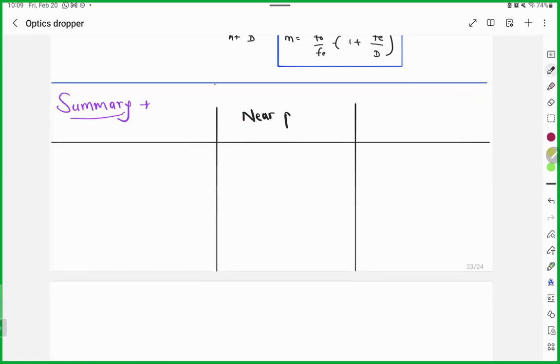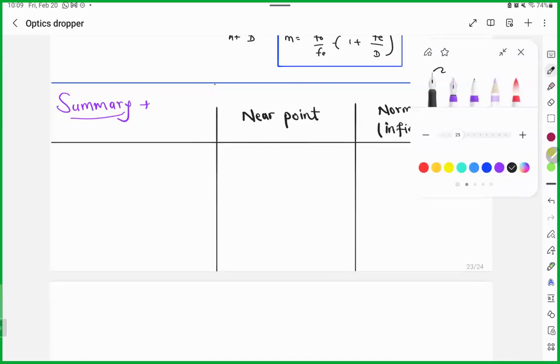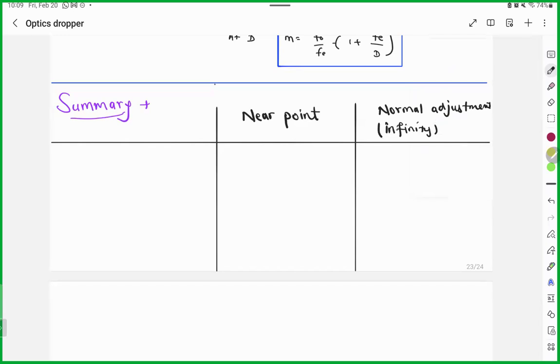Near point, and the second is normal adjustment. Normal adjustment means at infinity. So first, you have the simple microscope. In case of the simple microscope, the normal formula is magnification is equal to D by UE.